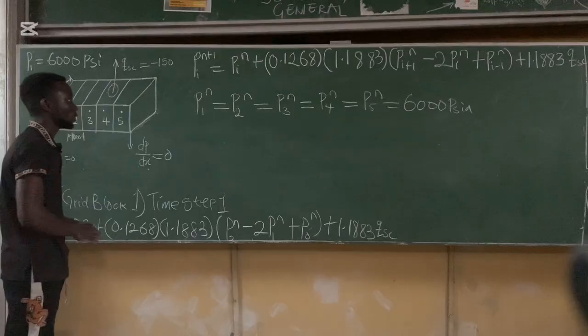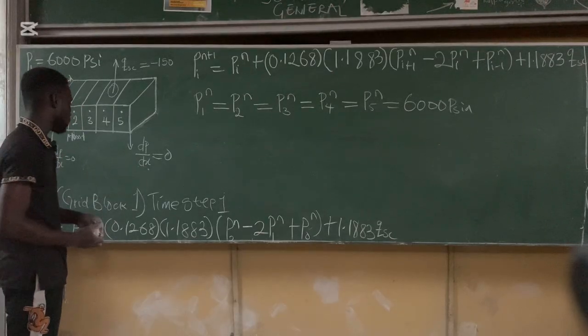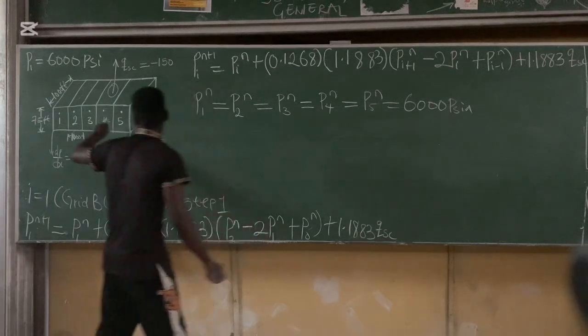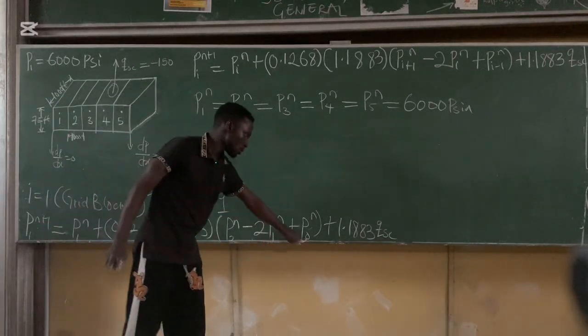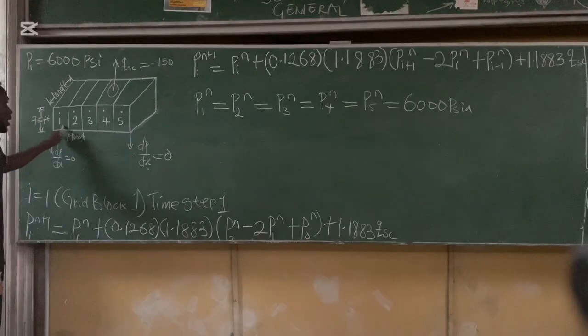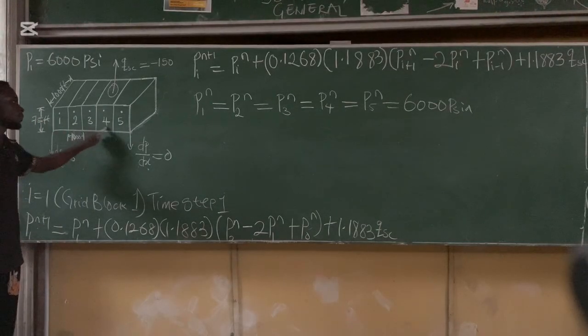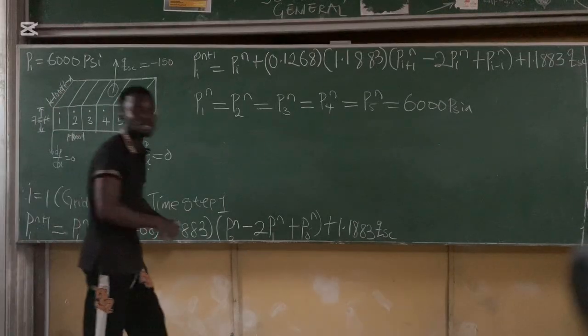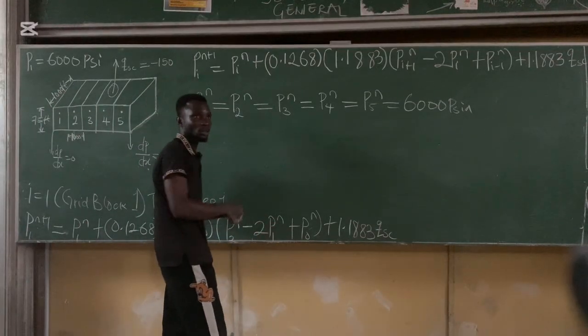We have this equation. Since we have this equation now, if you look at this particular grid block, this is P0, and our value of i started from 1, 2, 3, 4, 5. There's no P0 here. Since there's no P0, it means that P subscript 0 becomes 0.